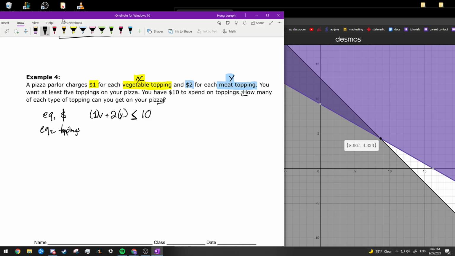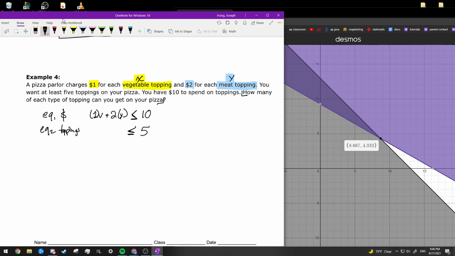So I want to have at least 5 toppings on my pizza. I can have 5. If I have 5 toppings, I cannot have 6, but I can have 4. So my equation still needs to look the same way, where I cannot do more than 5. 5 is the biggest I'll have.